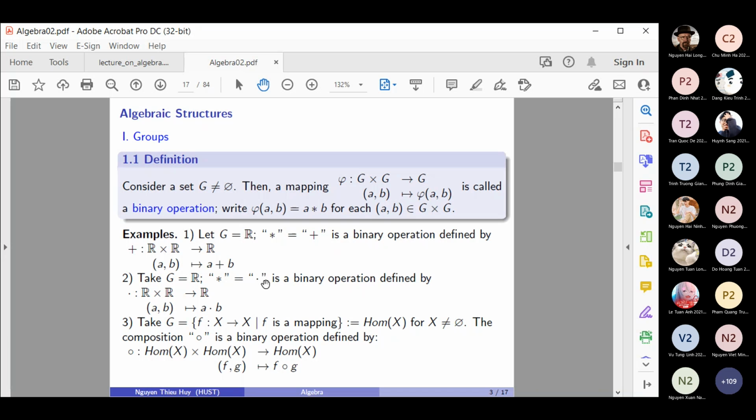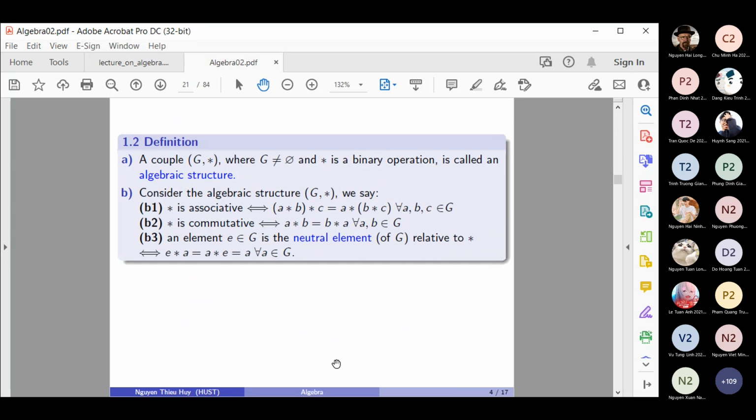One. Very good. It's a little bit more difficult. What is the neutral element in this set Hom(X), the set of all mappings from X to X? You recognize this? Identity mapping. Very good.